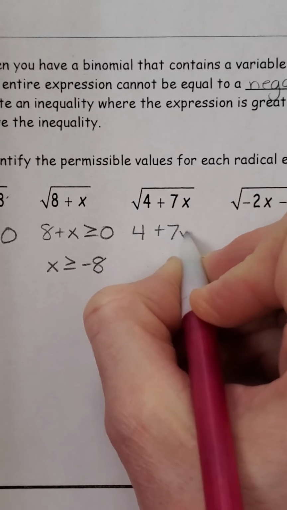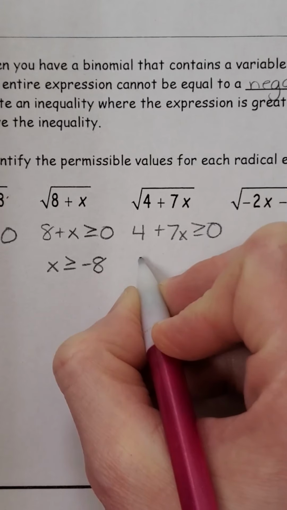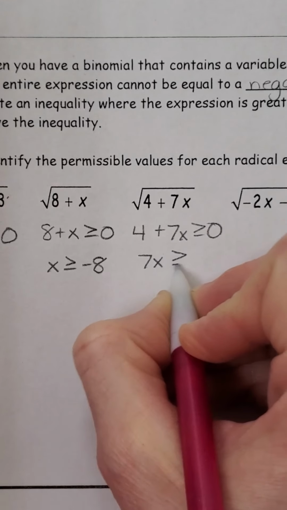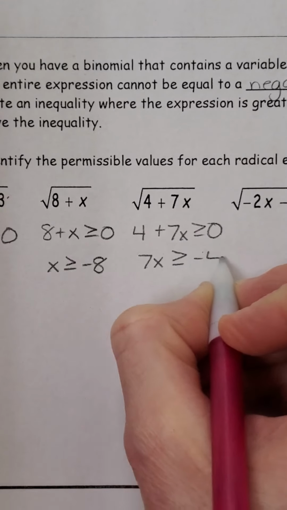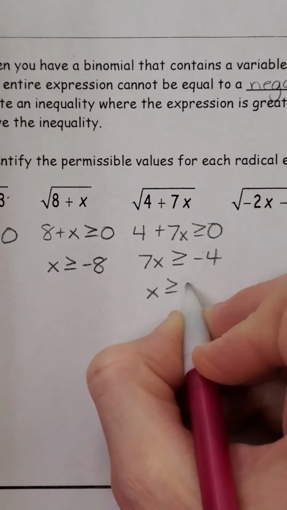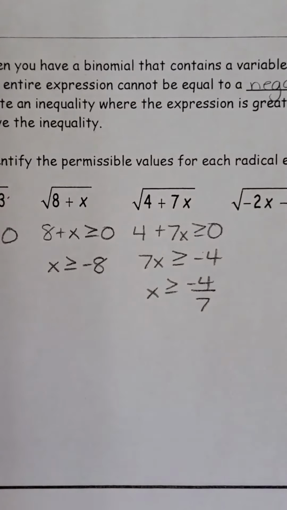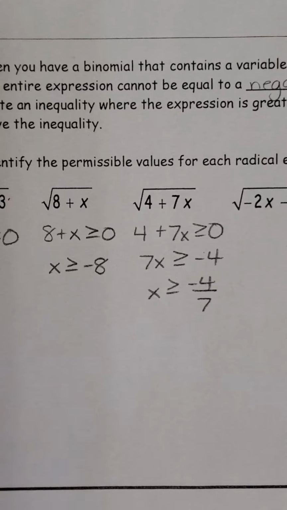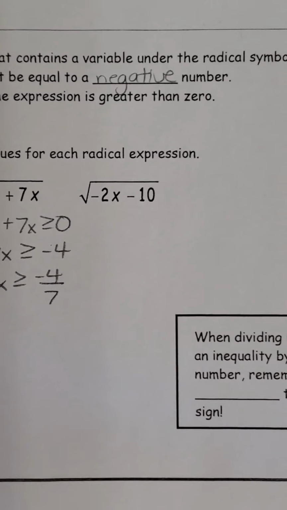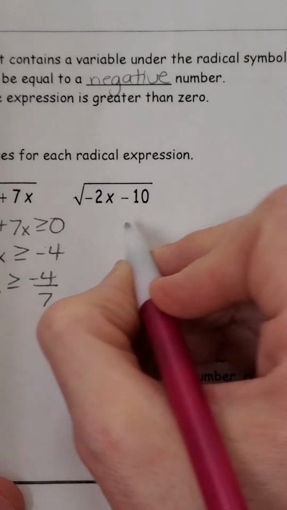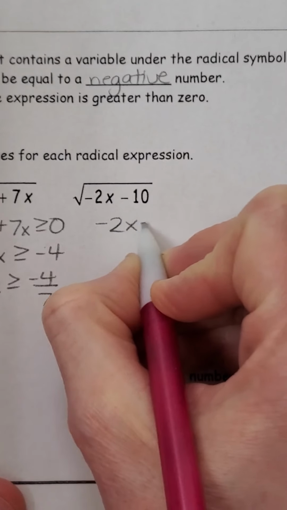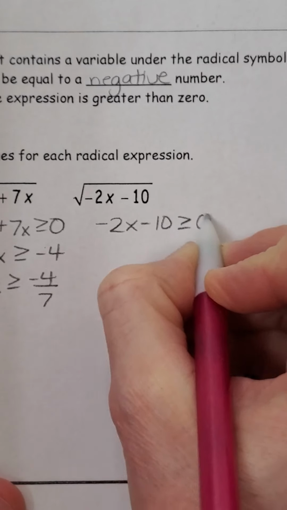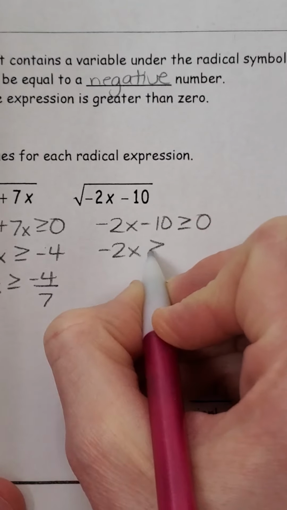4 plus 7x, negative 4, divide both sides. And we've dealt with those already. And the last one, greater than or equal to, we'll isolate x.